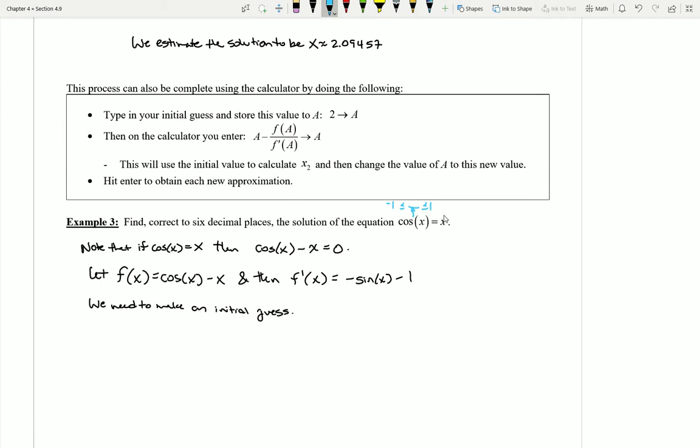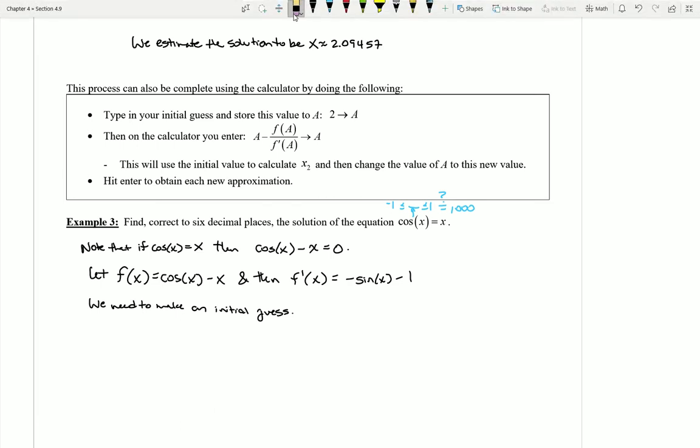So if I was looking for a value of x that makes the cosine equal to this value of x, what would happen if I plugged in a number like 1,000? I know that the cosine of 1,000 is only going to produce a value somewhere from -1 to 1. And is a number from -1 to 1 even close to equaling 1,000? Well, no. So this might be a bad starting guess.